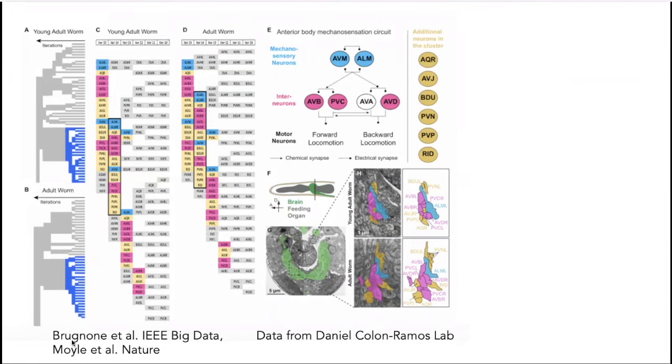The first place this was applied, together with our collaborators, was in this Nature paper that was published last year. We were looking at the connectivity between neurons, and we created an adjacency matrix based on physical connectivity. Then we applied this condensation technique to it. This is actually all of the neurons in this worm. This gives you a picture of how all of the neurons act in concert with one another.